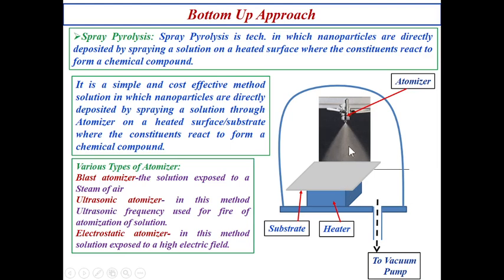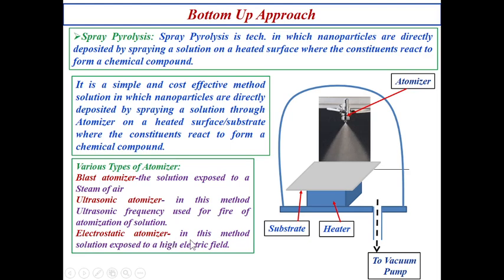When it fluxes the solution, one fire happens. Just remember, when a gun fires a bullet, somewhat a fire can also be visible. Here ultrasonic frequency is used to fire the solution at the time of flux through this atomizer.